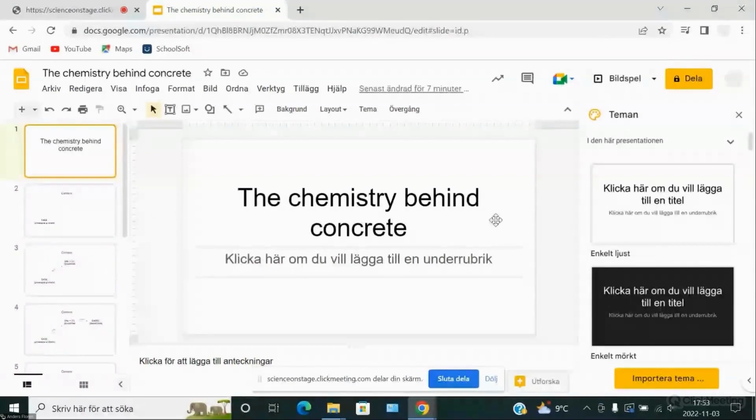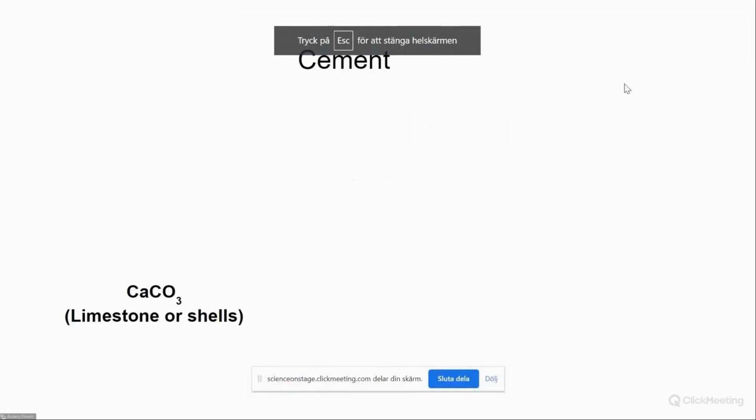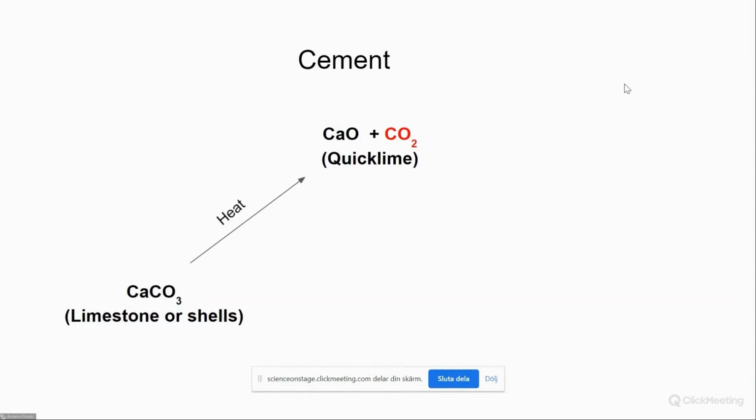So, the chemistry behind concrete: you have calcium carbonate, and you heat this, and then you get something called quicklime, or calcium oxide, and CO2 is released, and this is stuff like fossil fuel.